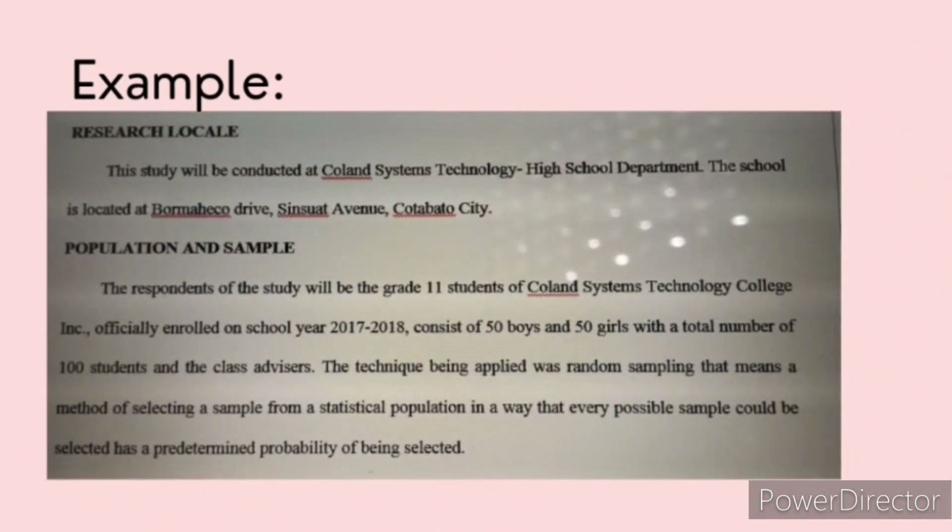For example, naka-indicate dito that this study will be conducted at Colon Systems Technology High School Department. The school is located at Bormajeco Drive, Sinsuat Avenue, Cotabato City. Sa population naman na ginamit namin, in-indicate talaga namin kung ilan yung number of the students or the number of the respondents, at saka kung paano namin sila sinelect randomly.